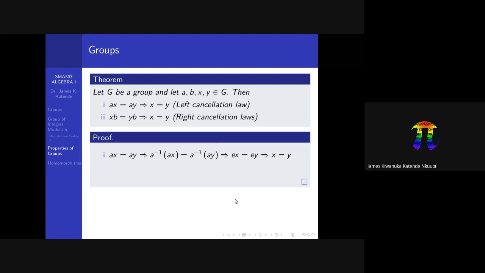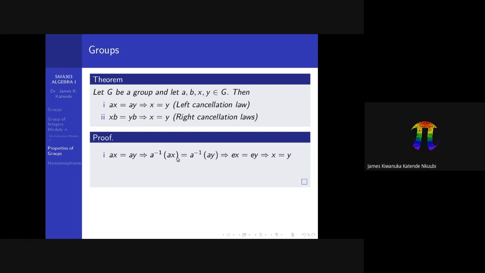You will notice that the cancellation here involves multiplication by the inverse. It's not the cancellation that you normally do when working with real numbers, where you just cross this out and cross this out. Here your cancellation involves multiplying by an inverse. The reason you cannot cancel out is that the elements you're dealing with are not numbers.